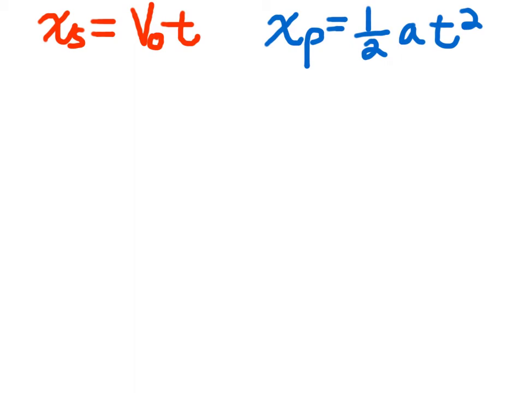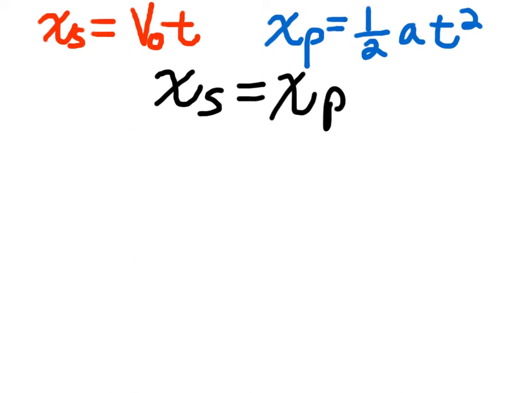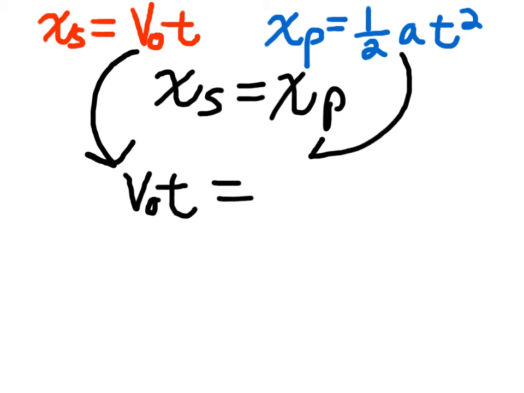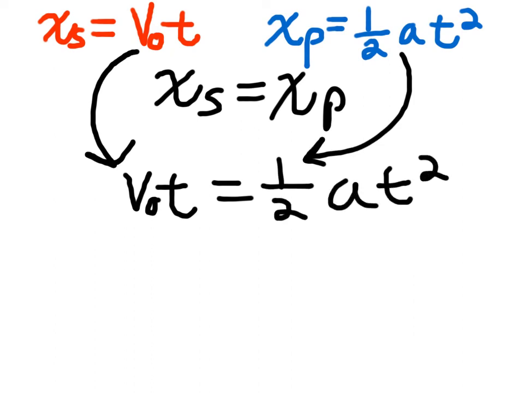I'm using the fact that their positions will be the same when the police car catches the speeder. So I take the speeder's equation, v0 t, on one side, and the police car on the other side, equals 1/2 a t squared.